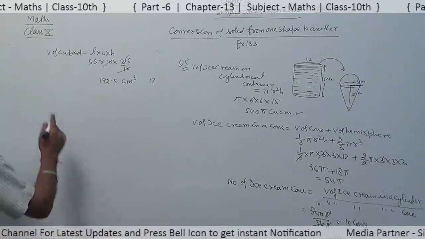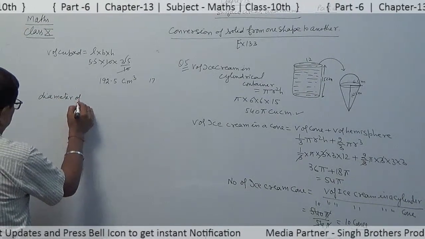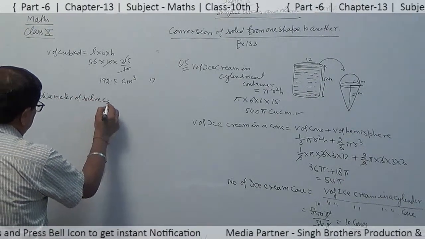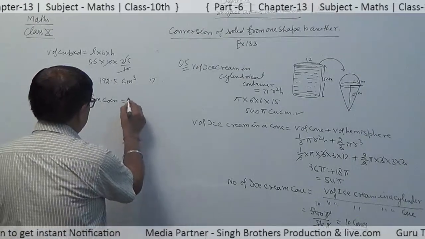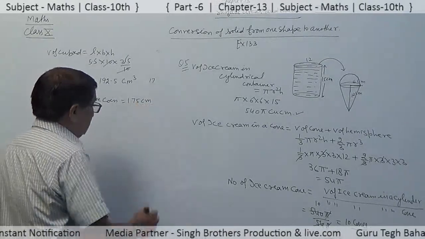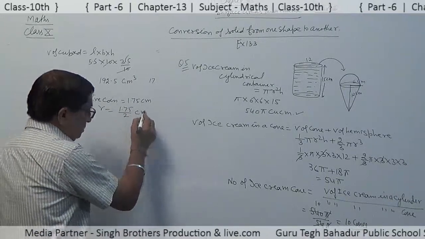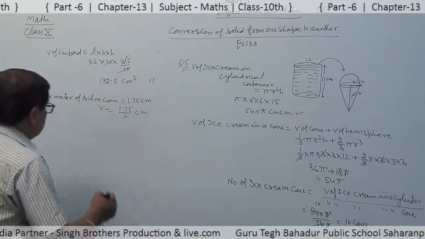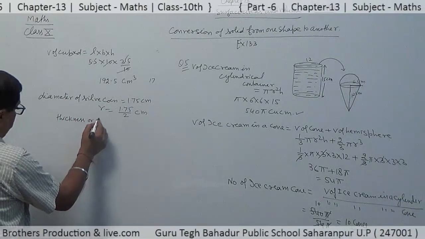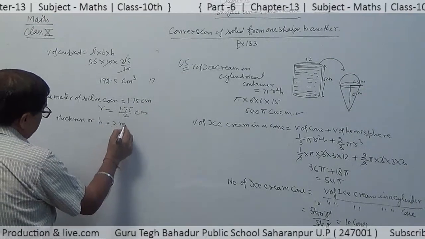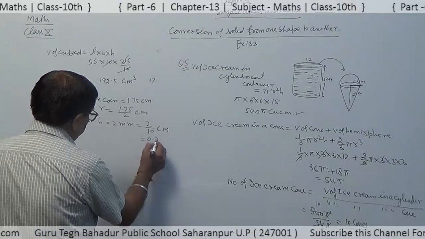Diameter of silver coin is 1.75 centimeter, so radius is 1.75 upon 2. Thickness, that means height, 2 millimeter, changed into centimeter, that is 0.2 centimeter.